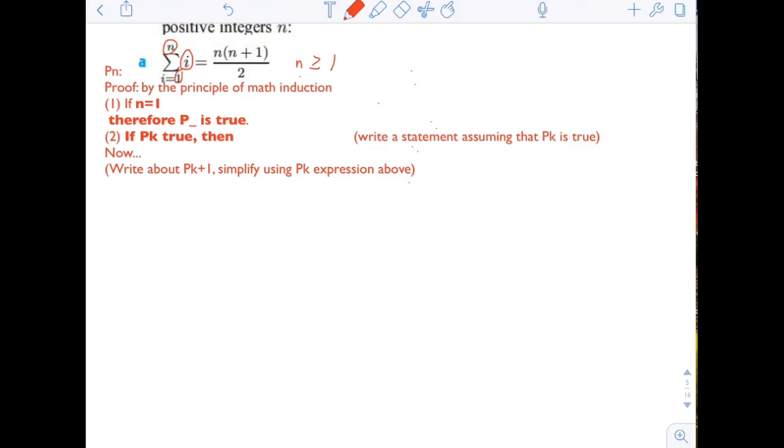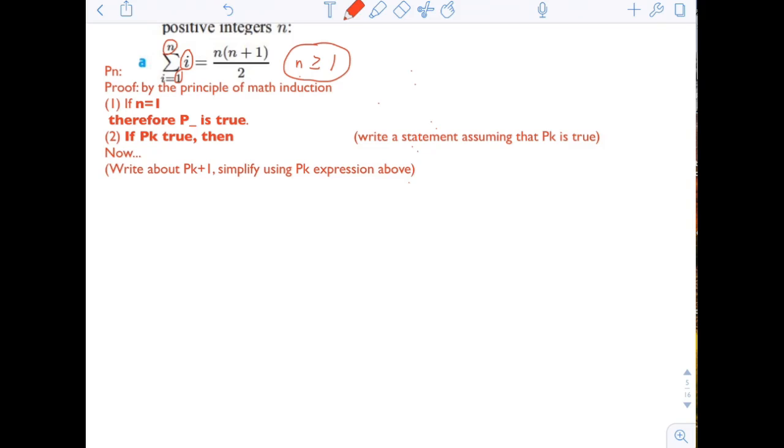This is something we're familiar with from arithmetic sequences and series, also from just probably previously in your math life, you added up all the numbers from 1 to 100 or whatever, and you have a formula for that too. It's true when n is greater than or equal to 1.